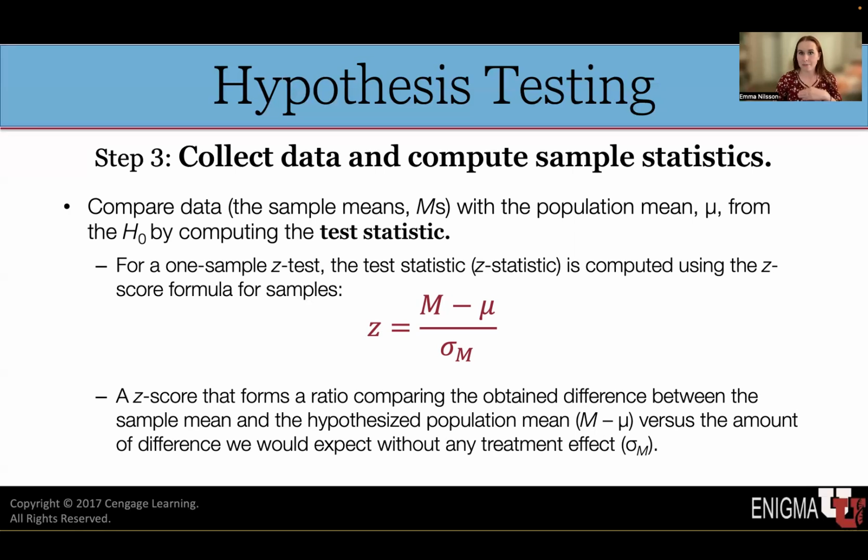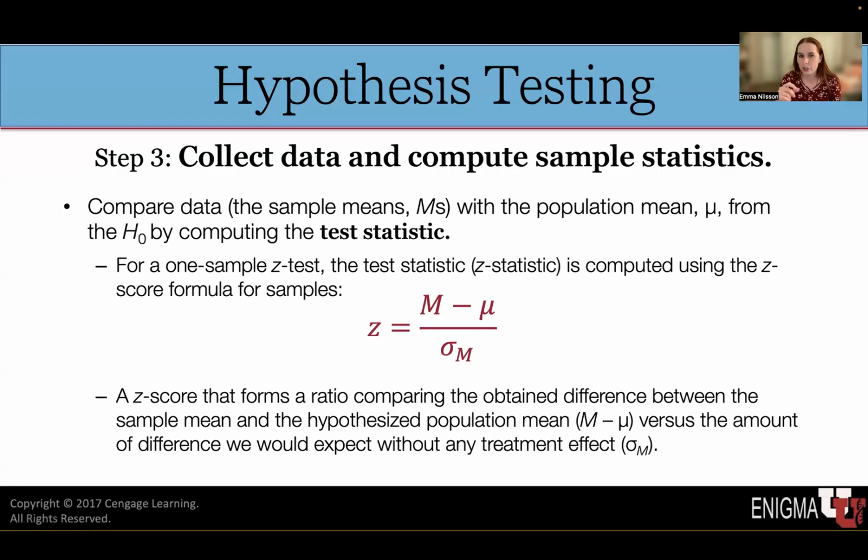sample statistics, and the sample statistic that we care about is called the test statistic. In this case, for a one sample Z test, the test statistic is going to be computed using this Z-score formula that we talked about at the beginning. You take your sample mean, you find the distance from the population mean, and you divide it by the standard error.